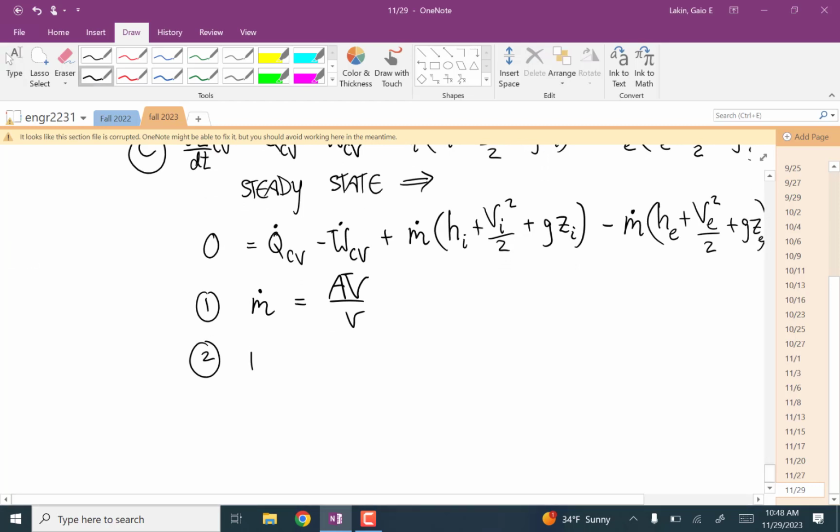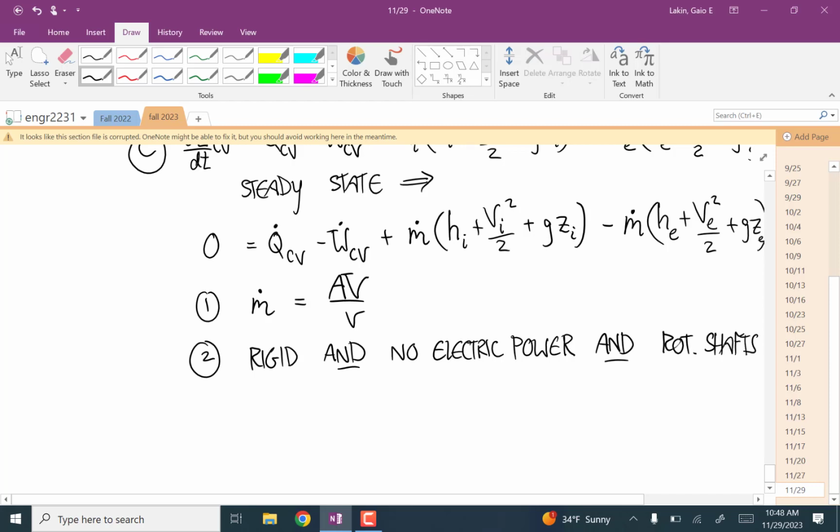Second, if the device is rigid and there's no electric power in or out, and there's no rotating shafts, then W dot is 0.